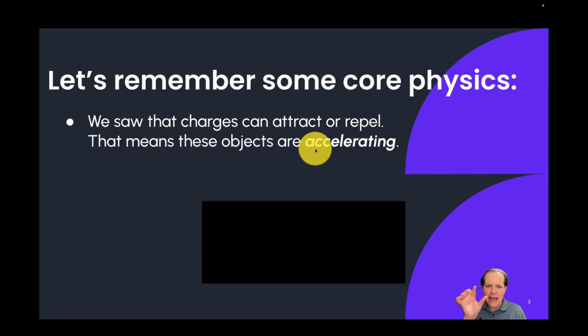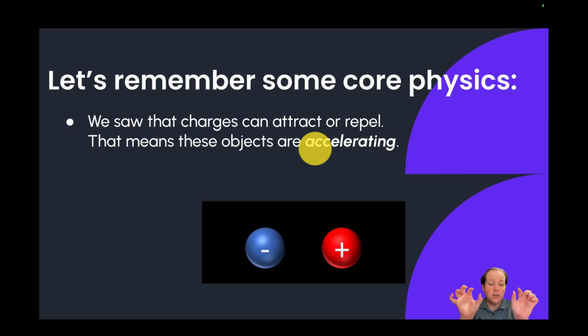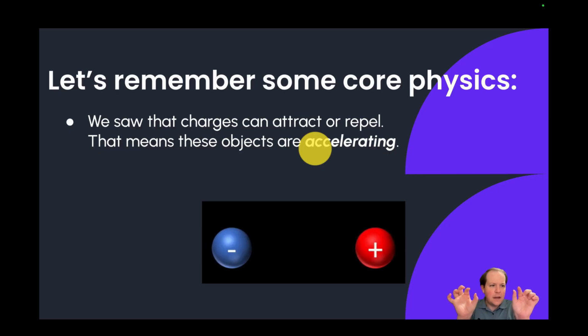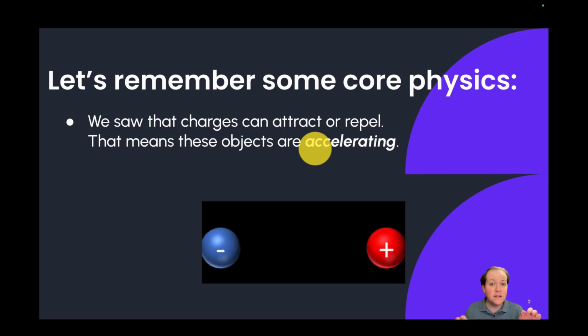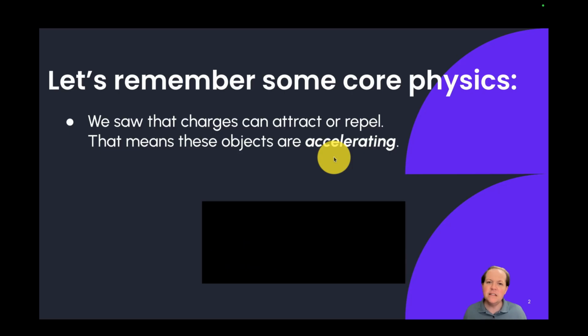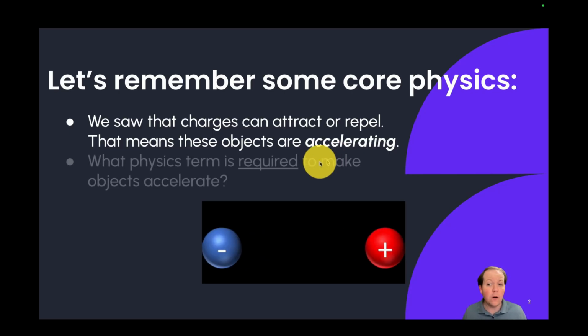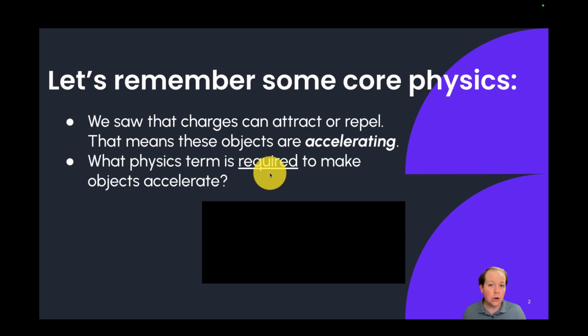If I have a negative charge and a positive charge, let's say I could hold on to them with tiny tweezers. If I then let go, and those two charges, because opposites attract, start moving towards each other, everybody, that means the charges are accelerating. And that's actually really important, because what physics term did we learn is required to make objects accelerate?